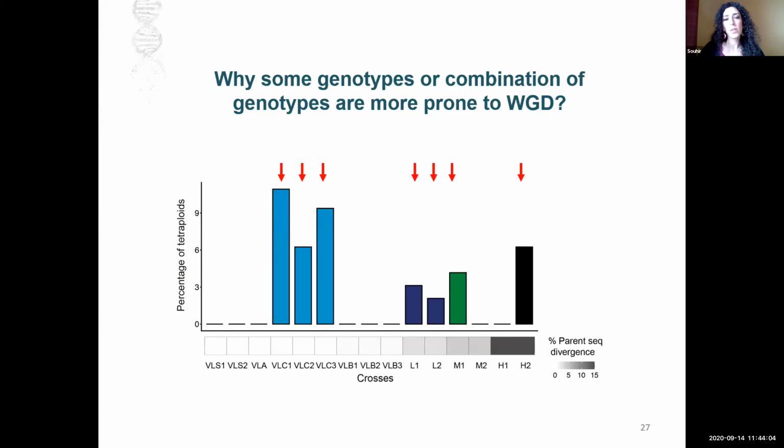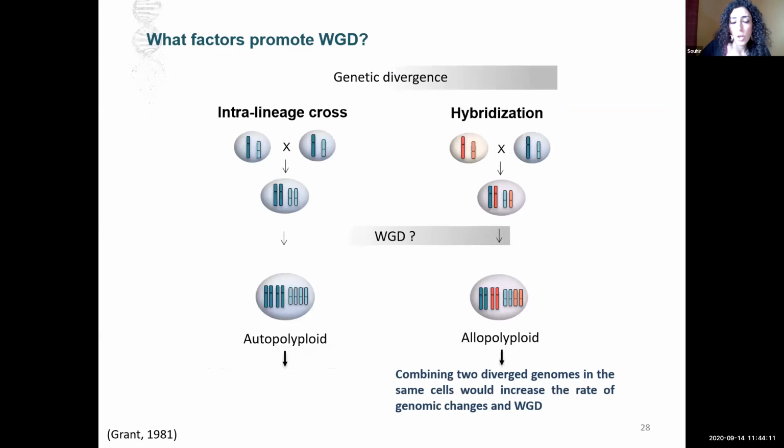Then we tried to investigate why some genotypes or combinations of genotypes are more prone to whole genome duplication. It has been previously proposed that combining two divergent genomes in the same cells would increase the rate of genomic changes and whole genome duplication.